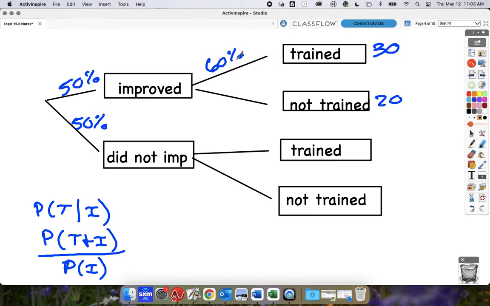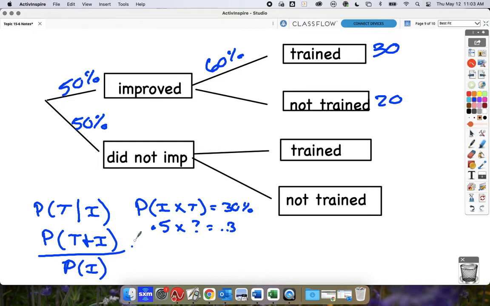Okay, look, if you guys are freaking out over that, the probability that they improved and they trained equals how much? 30%. So the probability that they improved times the probability that they trained equals that. You can divide it by 0.5 and it gives you the same.